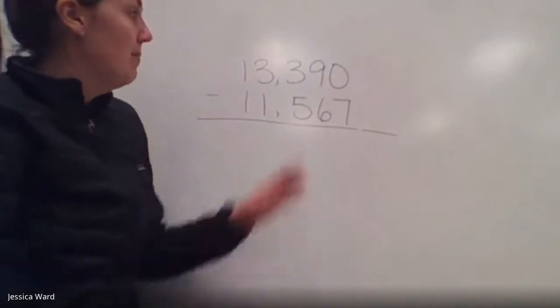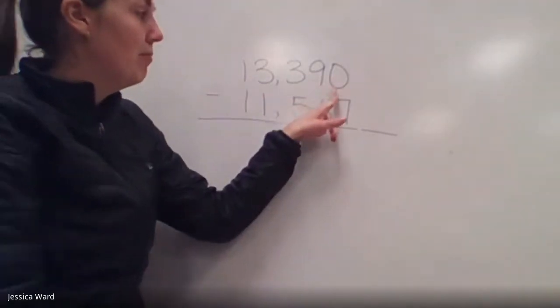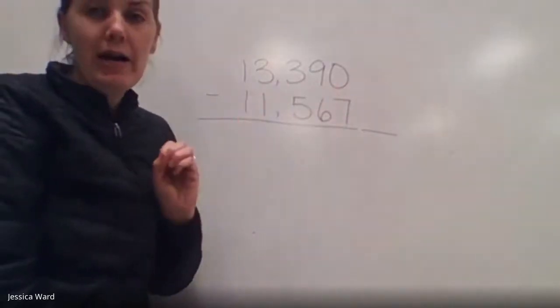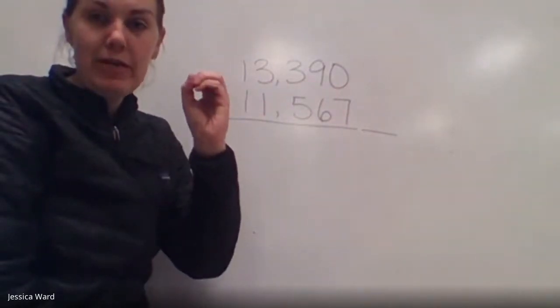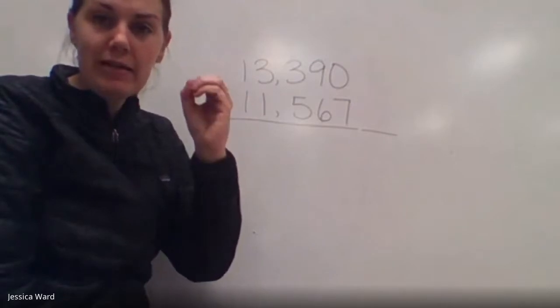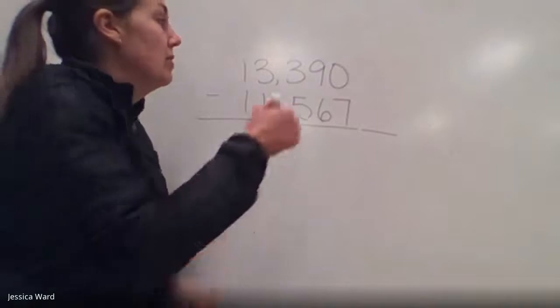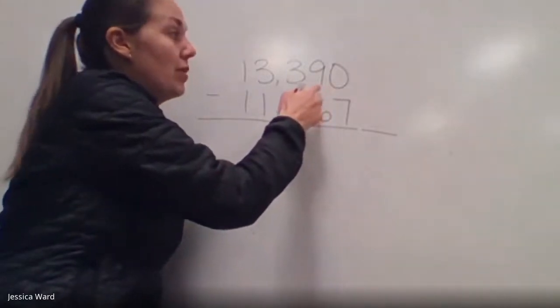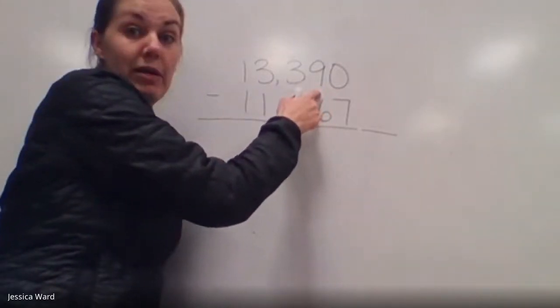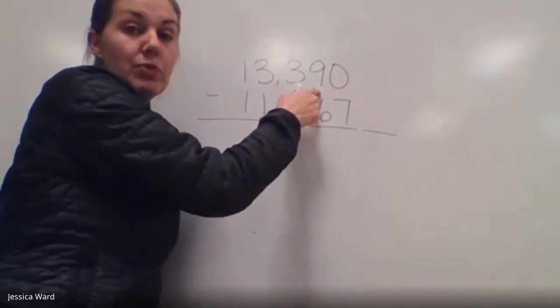so first step, I'm looking at my 1 place. I have 0 ones and I need to take away 7 ones. I don't have anything to take 7 away from, so I'm going to need to regroup. So I'm going to go to my 10s because I know that 10 ones equals 1 10.